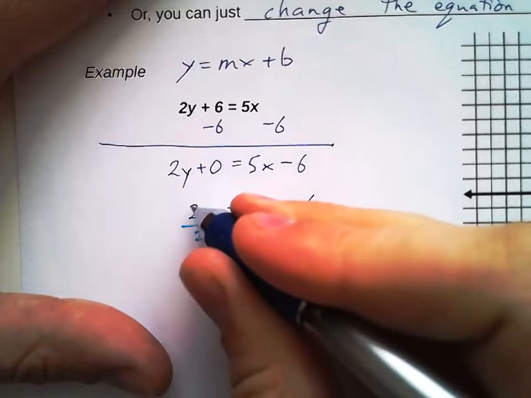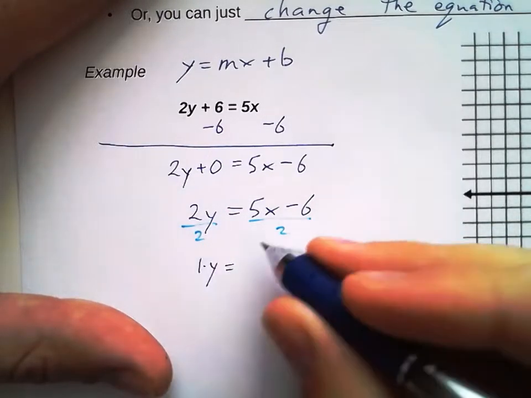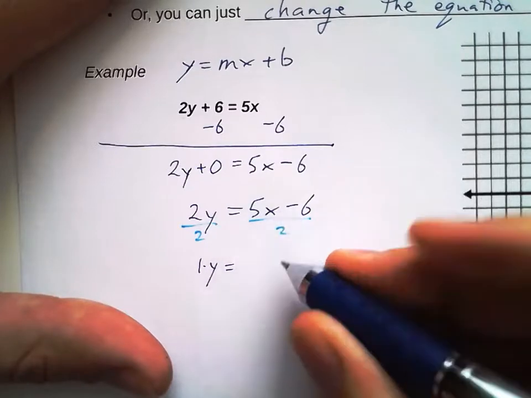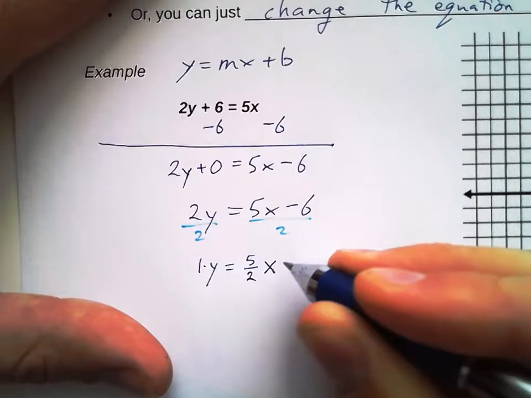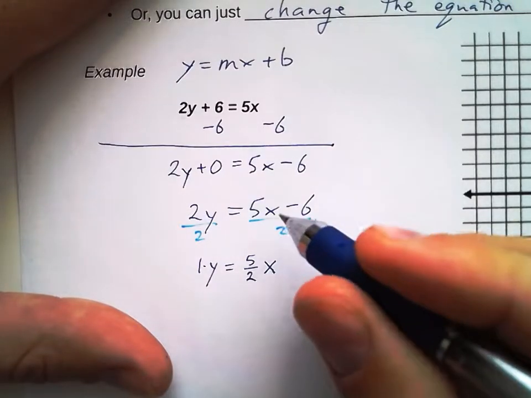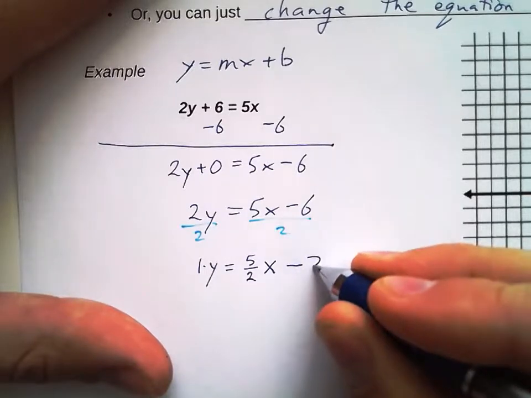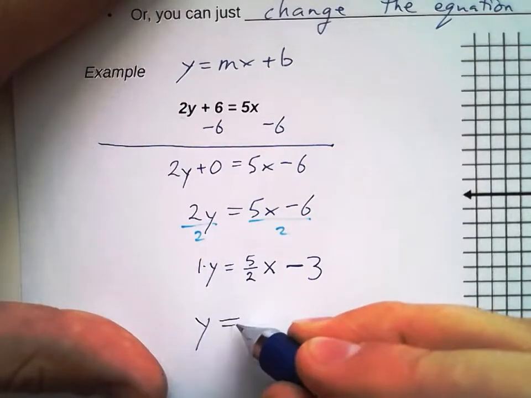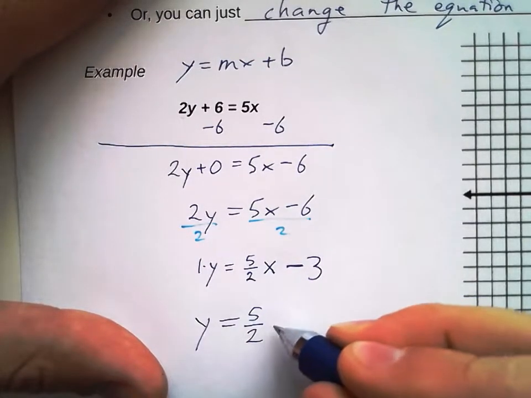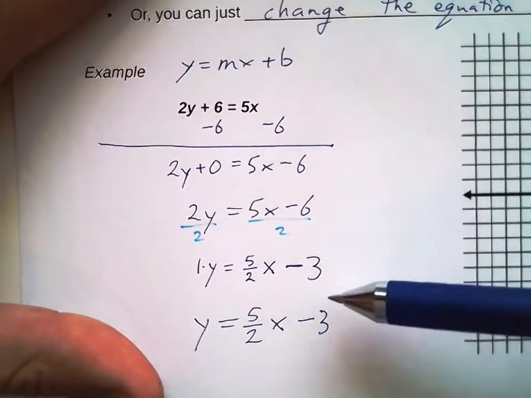So 2 divided by 2 will just leave us 1y. 5x divided by 2 would be 5/2 x. And negative 6 divided by 2 would be negative 3. So plus negative 3, or you could just say minus 3. So we have y equals 5/2 x minus 3. So why did I do all that?